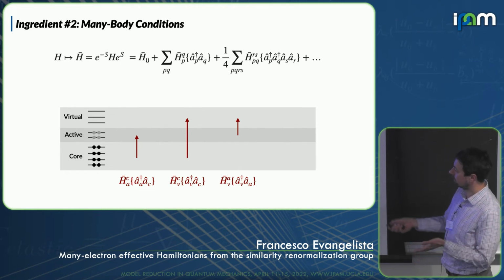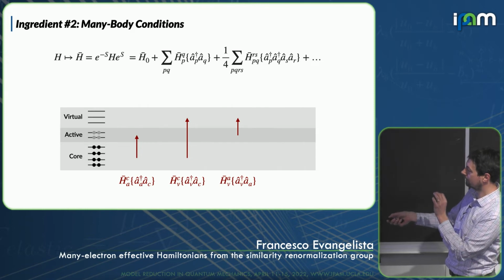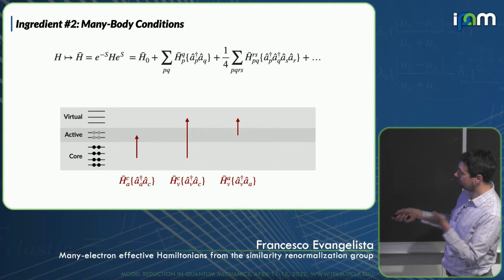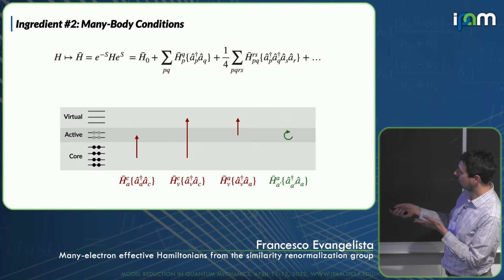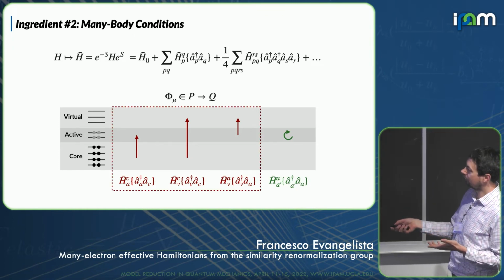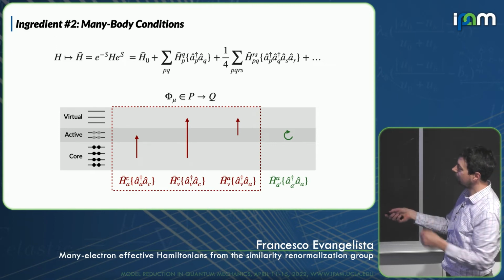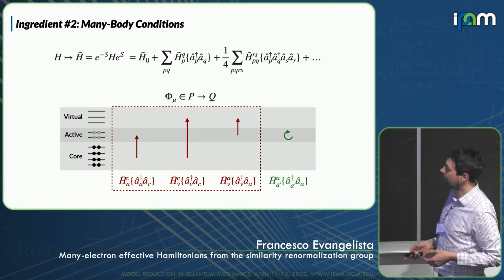Here I have my space, and I'm basically going to create an effective Hamiltonian that lives only in the space of active orbitals. Here are 3 components of the operators that perform an electron substitution. So this one moves an electron from here to here, this one from here to here, and so on and so on. And here's another one that just shuffles electrons around in the active space. Well, these 3 types of excitations will promote a determinant in the P space outside of it. And so these are the parts that I want to eliminate. And this one is fine.